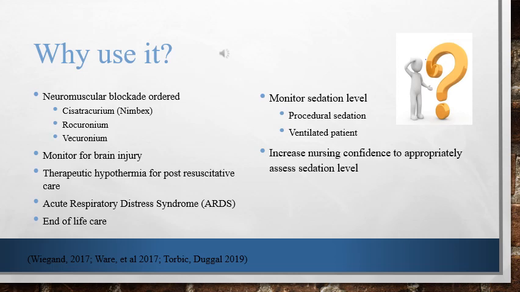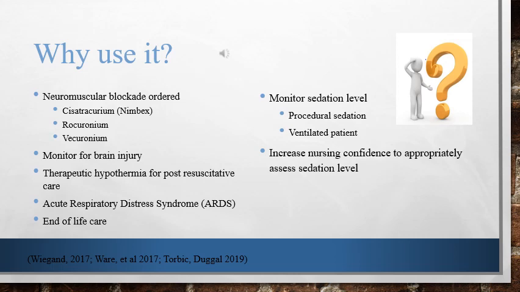They could have acute respiratory distress syndrome, or they could even be in end-of-life care. In one of the articles referenced here on the slide, they were talking about how you can better get a patient's pain under control when you can't really tell subjectively, by putting a BIS on them to titrate those medications to an effective dose.